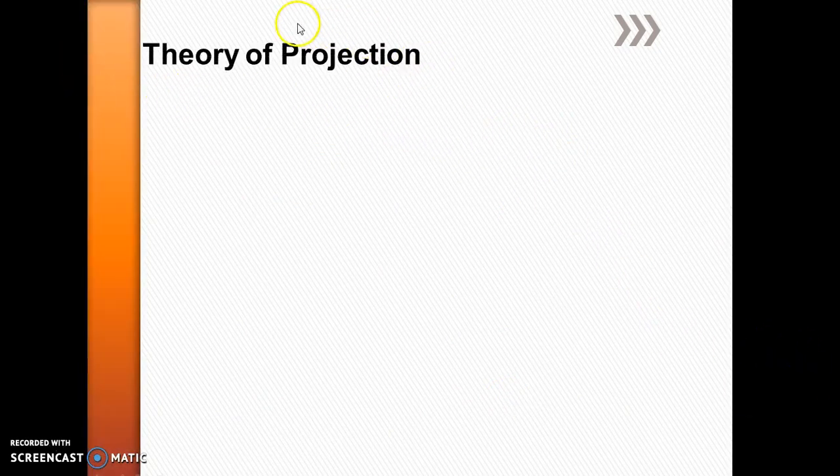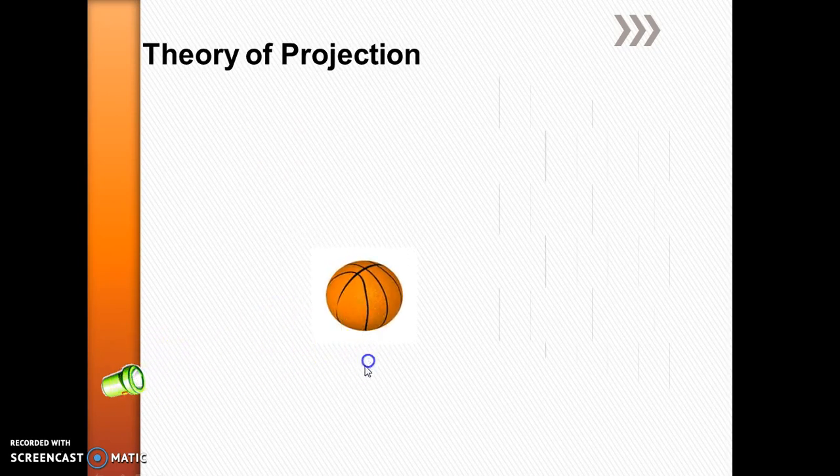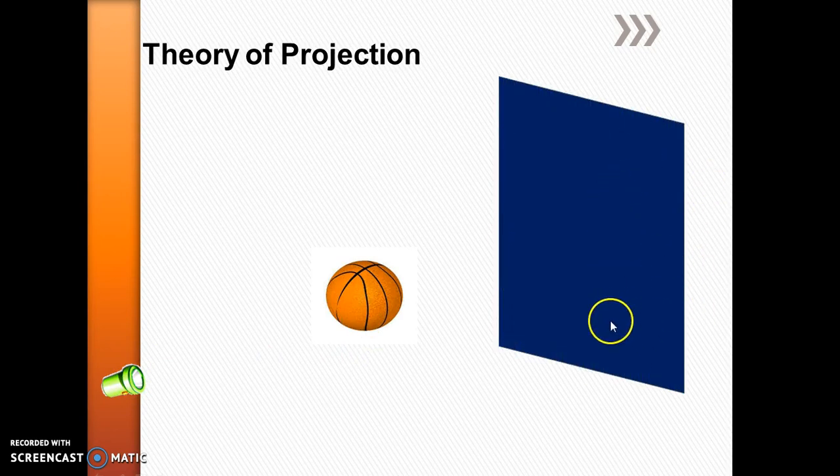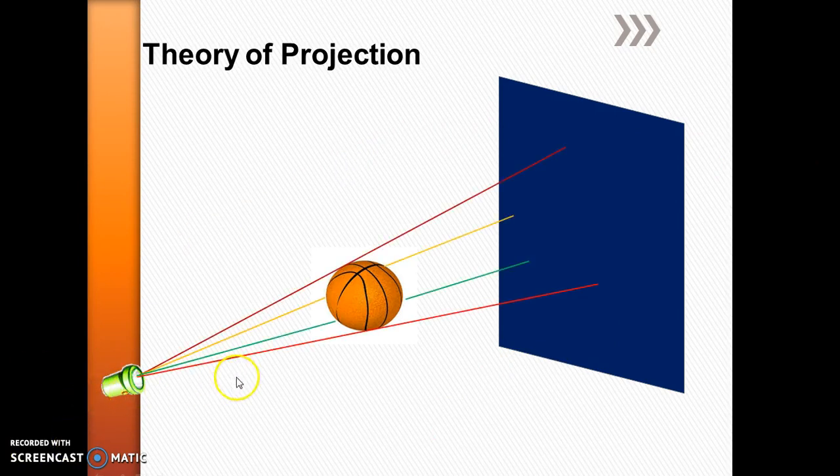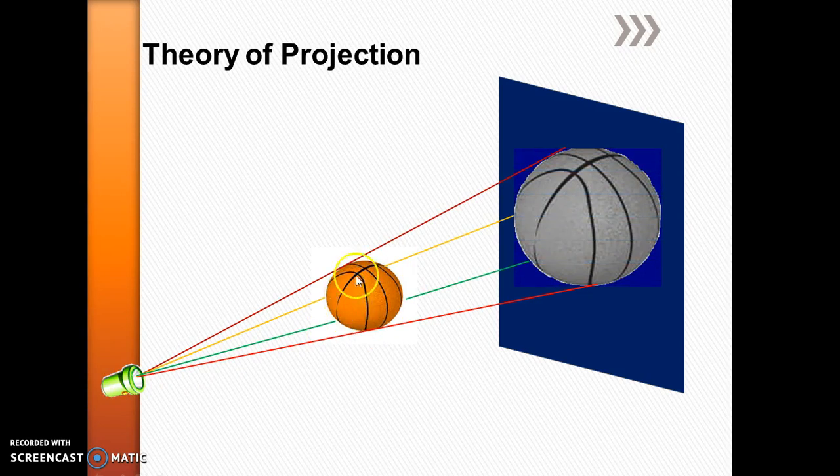Theory of projection. What is meant by the theory of projection? We study it with a simple example. This is the torch, this is the ball, and this is the wall. These are the three elements in this concept. When the torch focuses on the ball, it generates a shadow, which falls on the wall, and these are the light rays of the torch.